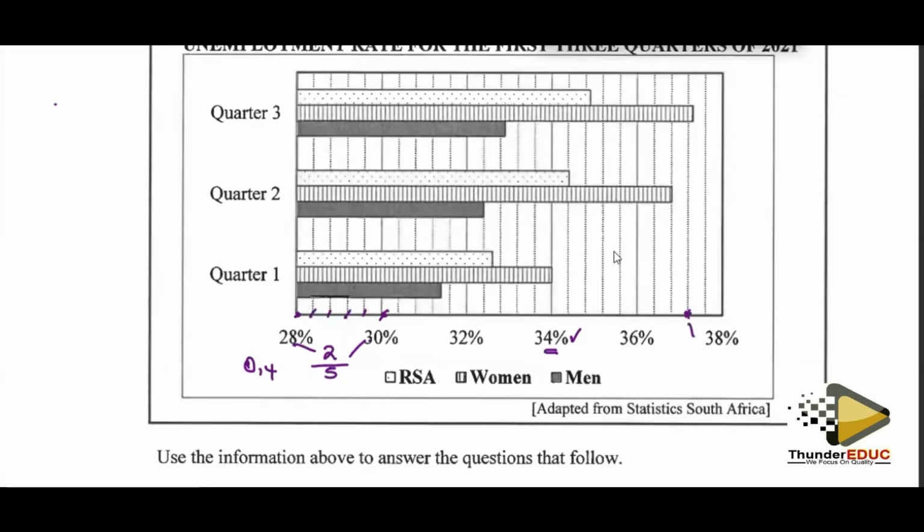So for you to find this number, now it will be 36.4, 36.8, 37.2 here, 37.2%. But this line is not exactly on the line here. It's off. So you can have a 1, which becomes 37.3%.